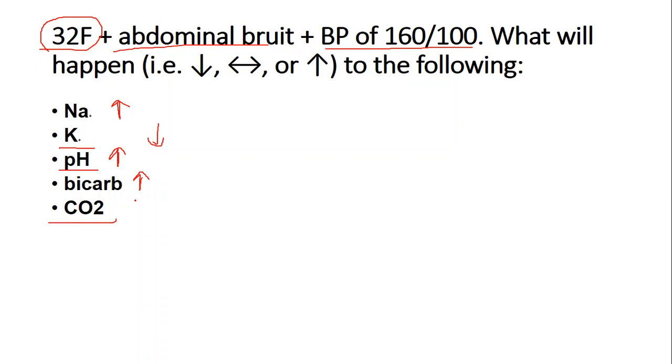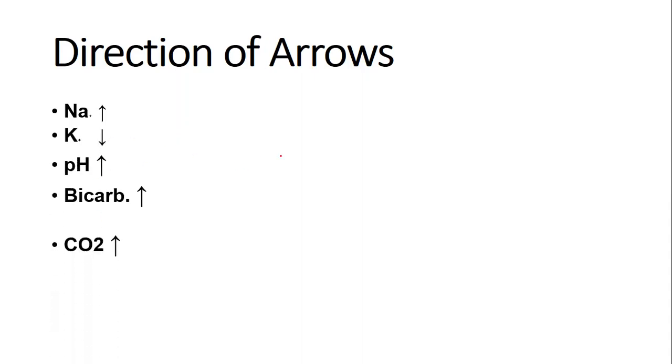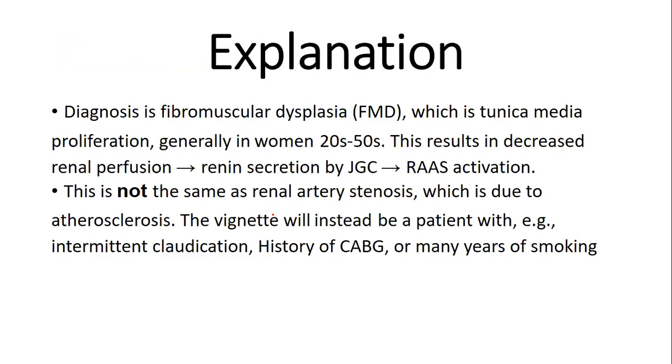So you do not blow off the carbon dioxide, and this results in increased retention or increased serum concentration of the carbon dioxide. So you can see the direction of the arrows: an upward arrow for sodium, a downward arrow for potassium, an upward arrow for pH, an upward arrow for bicarb, and also an upward arrow for carbon dioxide. So this was all about fibromuscular dysplasia.